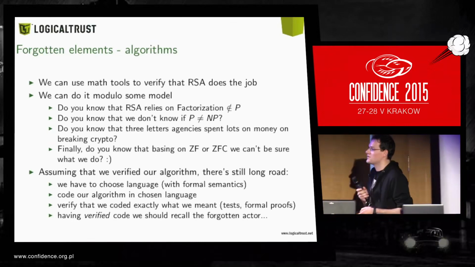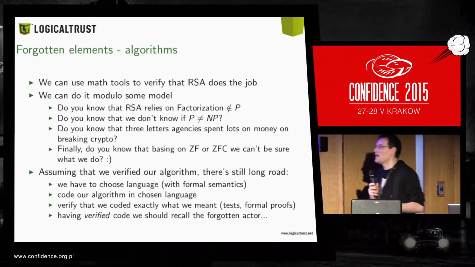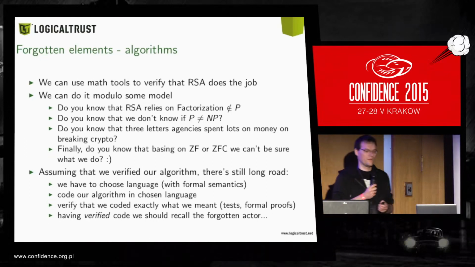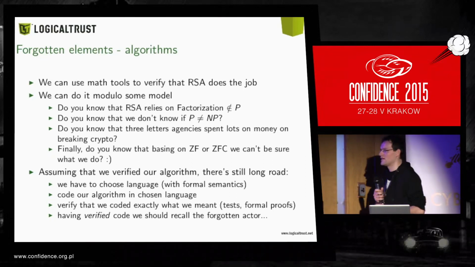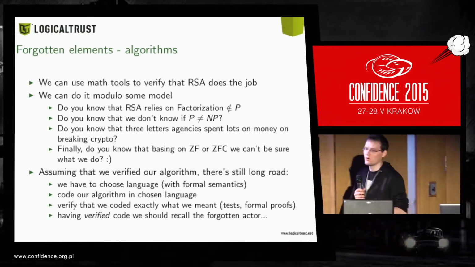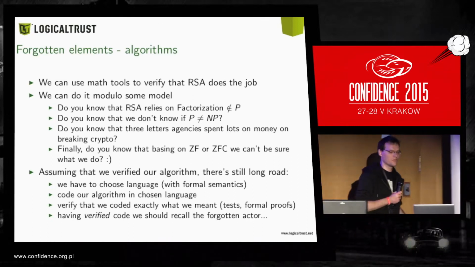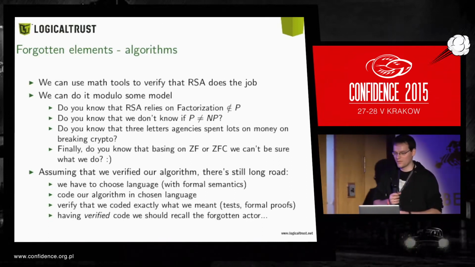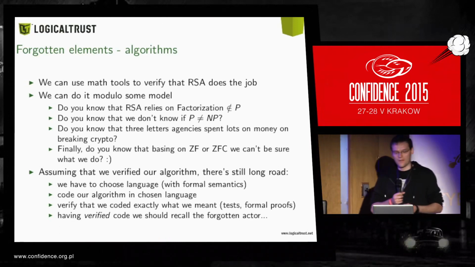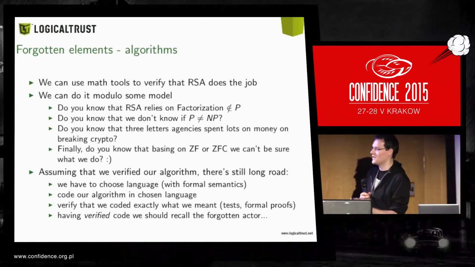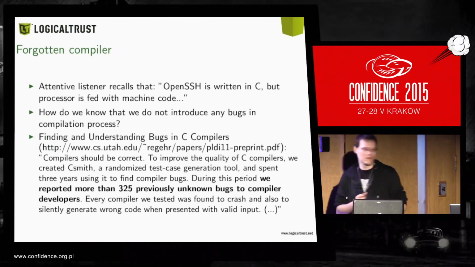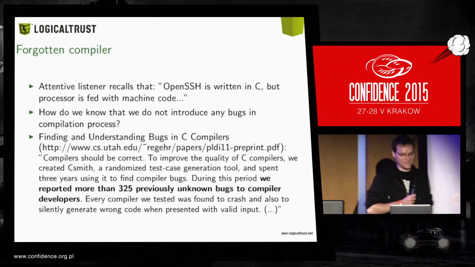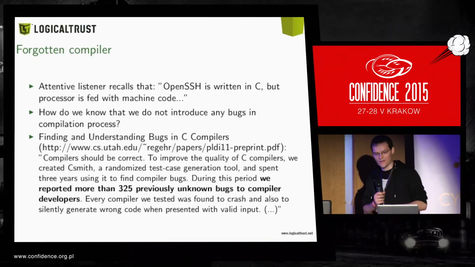Also, in regard to algorithms, we can use math tools in order to verify an algorithm, but actually there is a long road from the verified algorithm to verified code, because we have to pick some language with formal semantics, code it, test it, verify it, and then we should recall that we need a compiler that is verified.